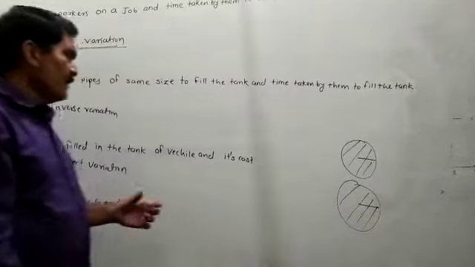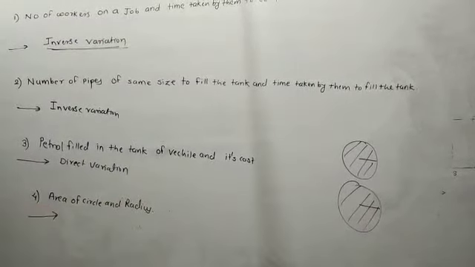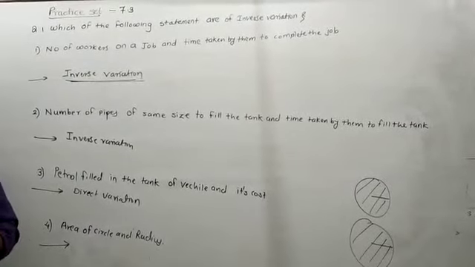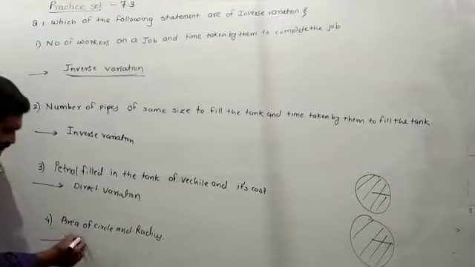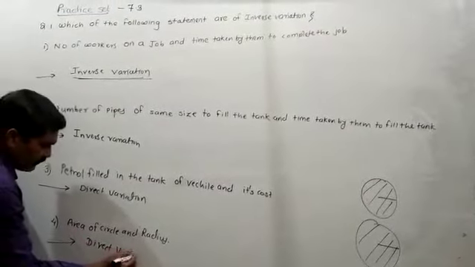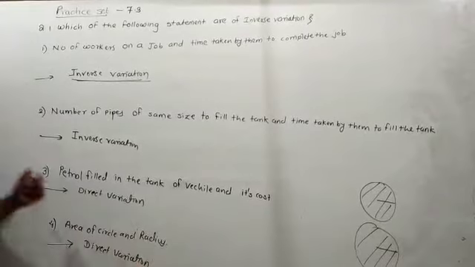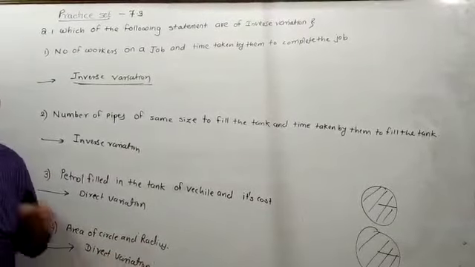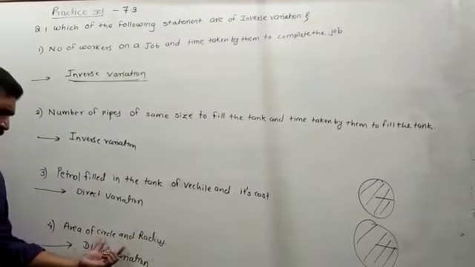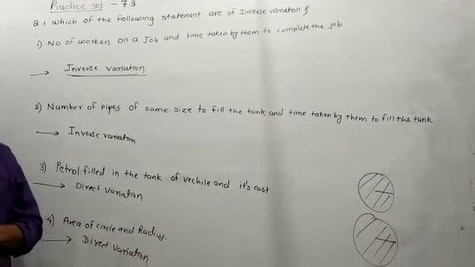It means the area is directly proportional to the radius. So you have to say that this is direct variation. Why direct variation? If the radius is more, the area is more. If the radius is less, the area is less. So this is not inverse variation, this is direct variation.